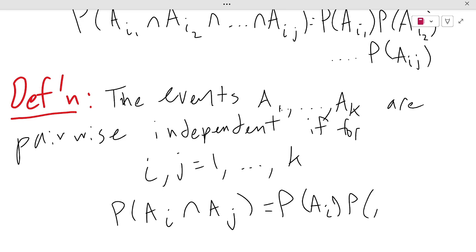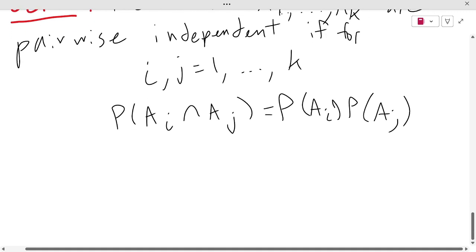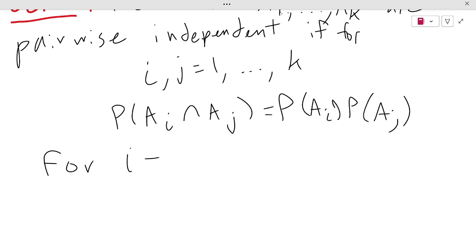So if we choose 2 random events and those are independent, for every single pair, then the events are pairwise independent.